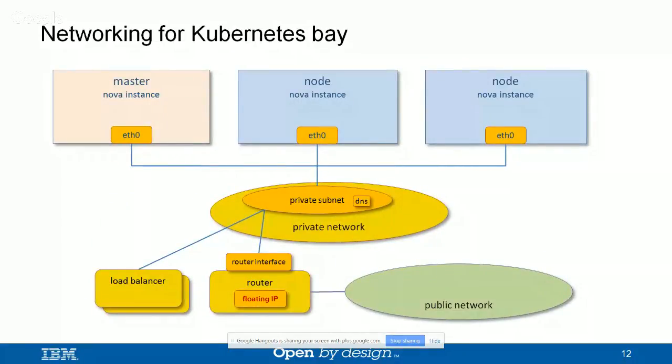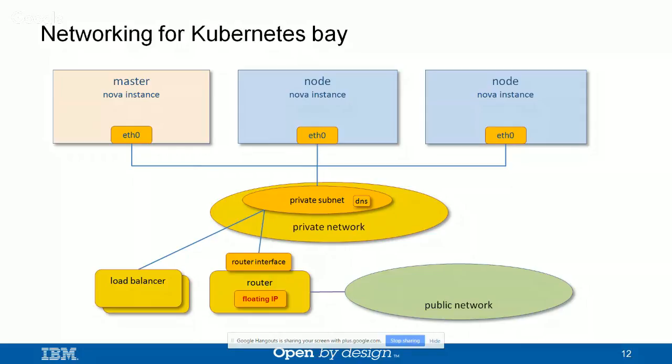This is a view of what the networking looks like for a bay. In particular, this is for a Kubernetes bay, but the structure looks fairly similar for a Swarm bay or a Mesos bay. Here at the top you see a number of nodes labeled as master and nodes, similar to what we saw in the previous chart.